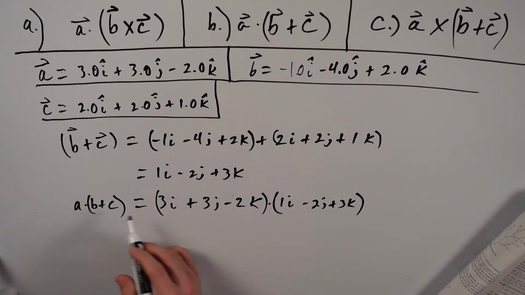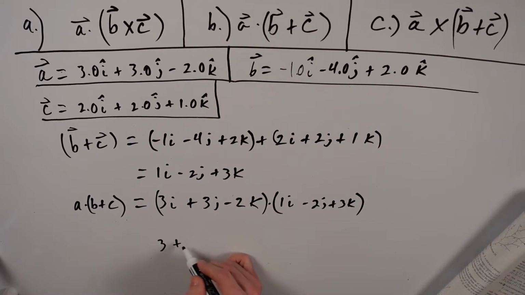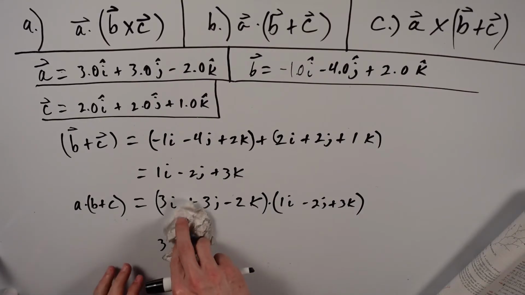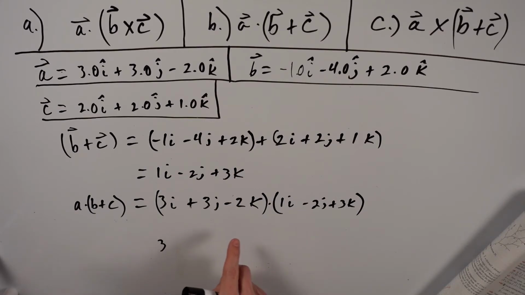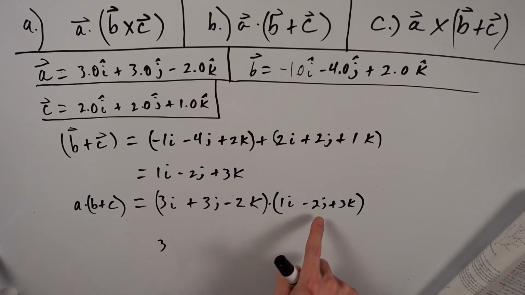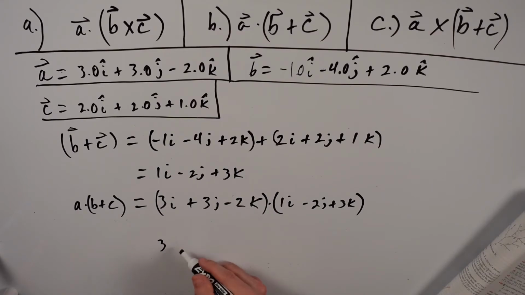But anyway, dotting these two together, you get 3 plus, well, minus, and then you get 3, so you get negative 6.